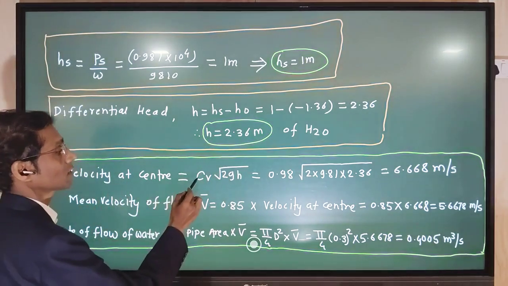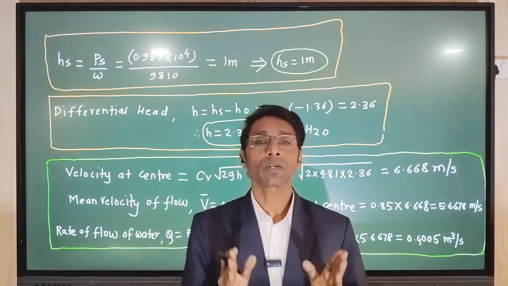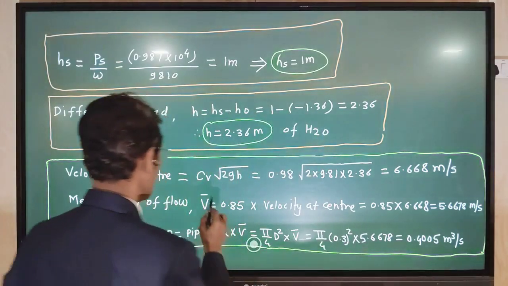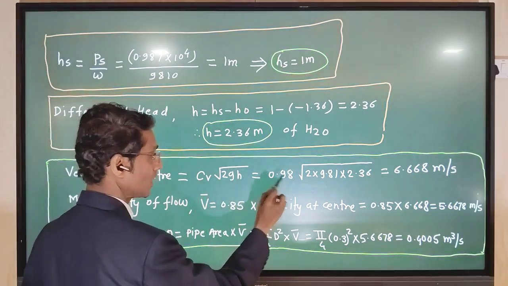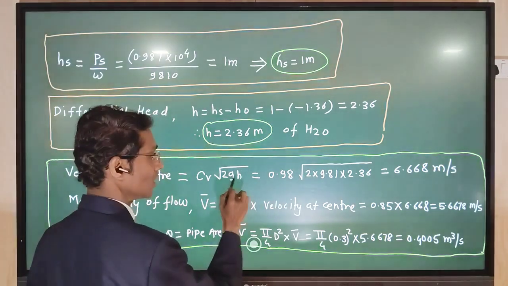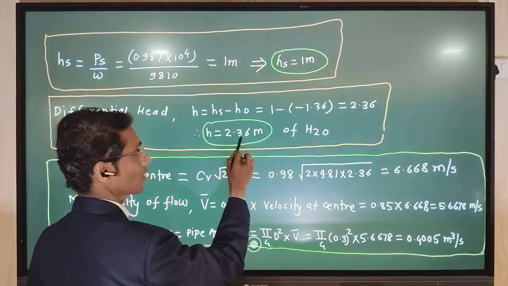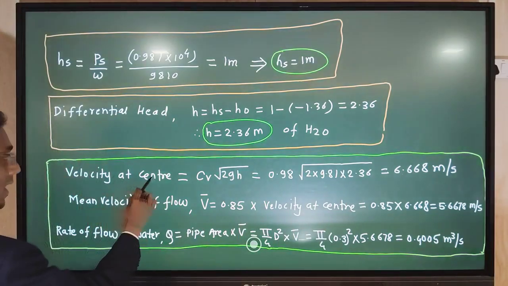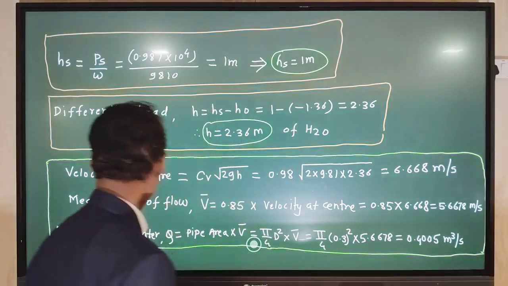Its formula is CV into square root of 2gh, as per the expression for velocity of the Pitot tube. So CV value is given as 0.98, multiplied by inside the square root, 2 multiplied by g value 9.81 multiplied by the value of h, 2.36. Doing the calculation, we get the velocity at center as 6.668 meter per second.